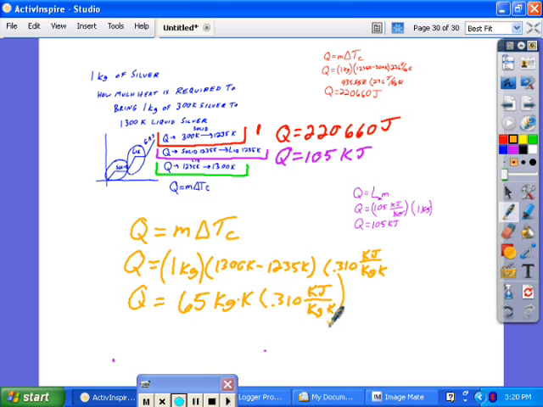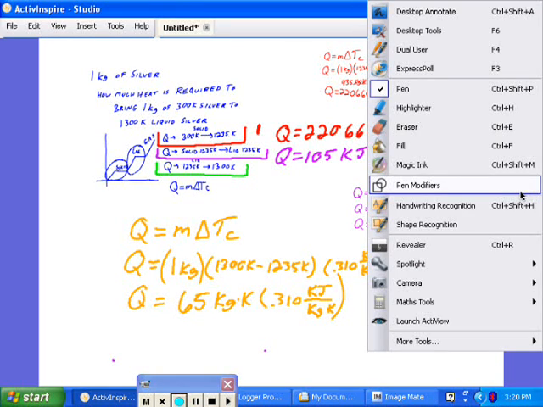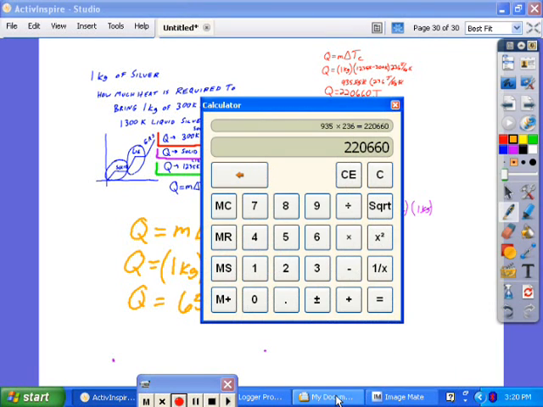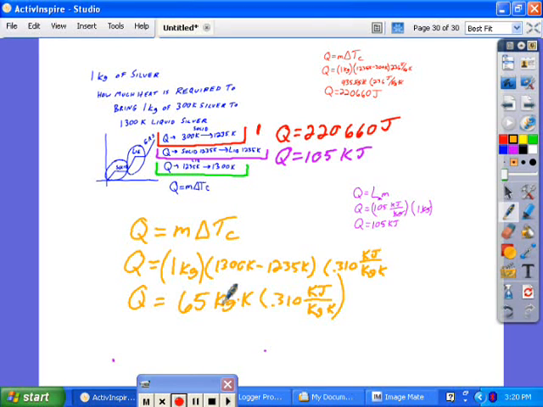So I just take these two numbers and multiply them together. I had to get rid of my calculator before, so let me pull it back. Clear it out. 65 times 0.310 equals 20.15. And I want to make sure and check my units here. Kilograms will cancel with kilograms, Kelvin with Kelvin.